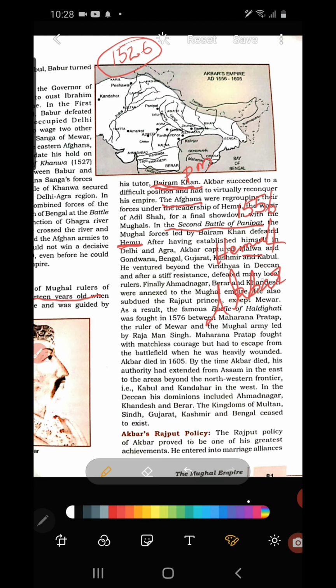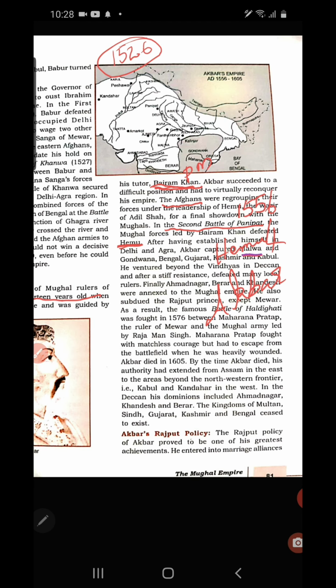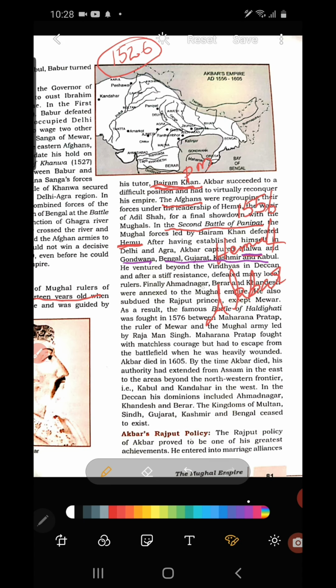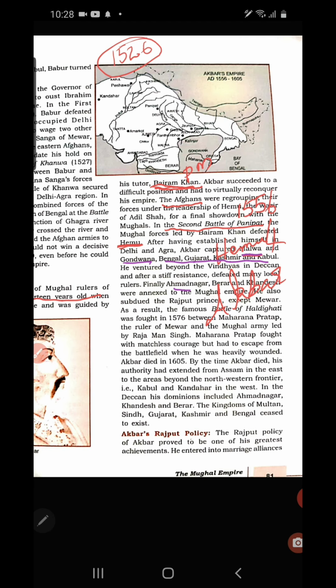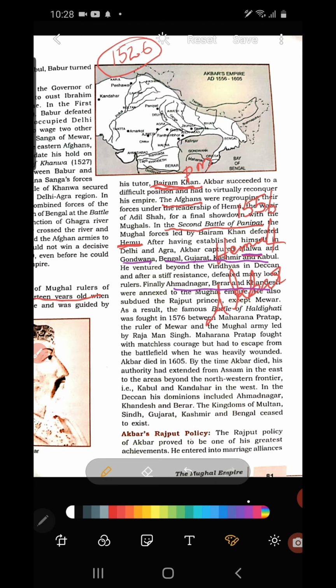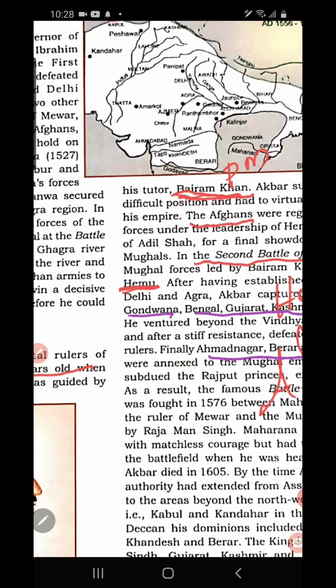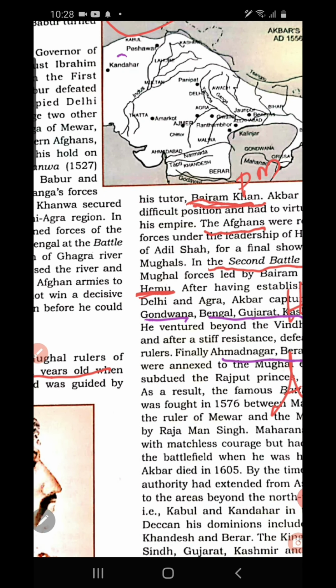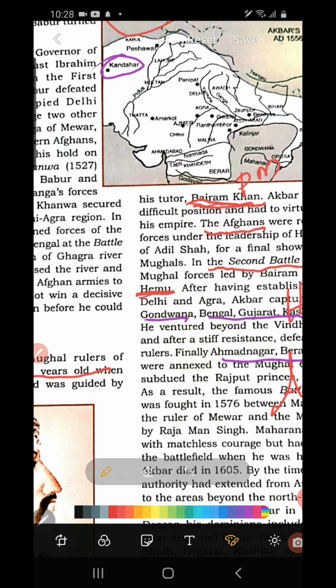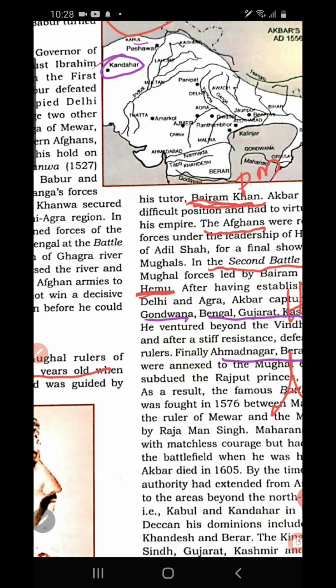Which are the regions captured by Akbar? Malwa, Gondwana, Bengal, Gujarat, Kashmir, Kabul. All these regions were captured by Akbar, and he established a strong rule in India. Other than that, Ahmednagar, Barar, Khandesh, and Kandahar also. Kandahar, in present day Afghanistan, Peshawar, or Kabul.